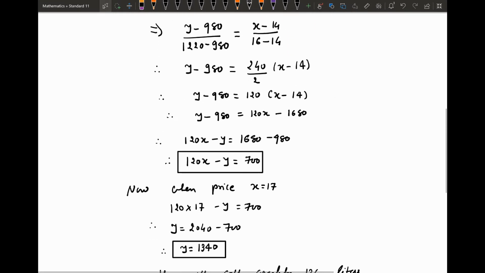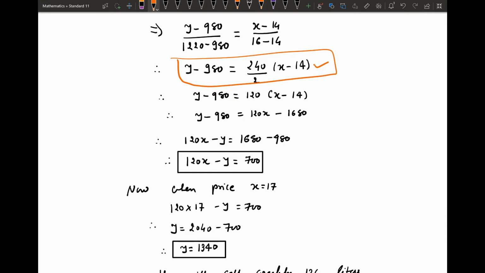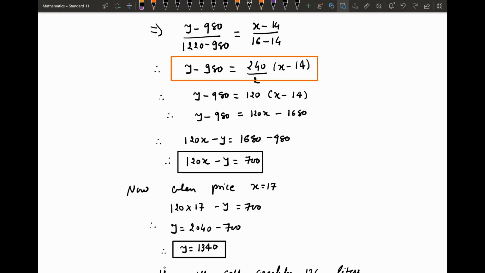Now this is the simplification. y minus 980 equals, 1220 minus 980 that is 240, taking on the right hand side, 240 upon 2 into (x minus 14).